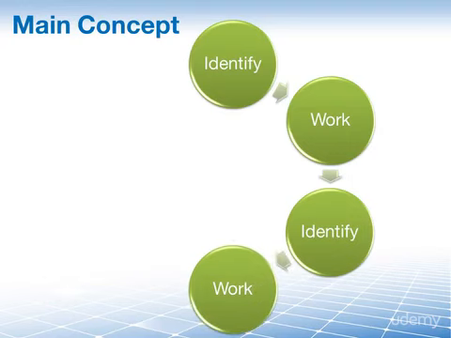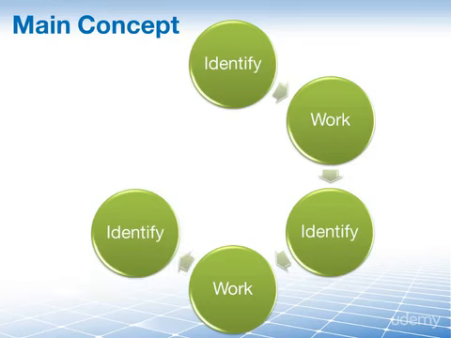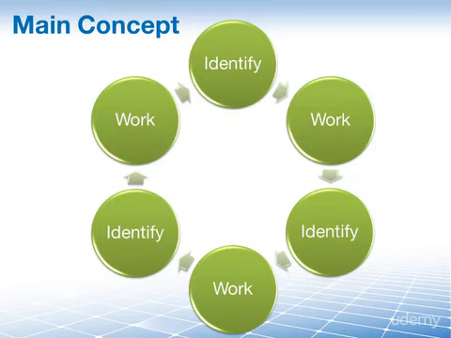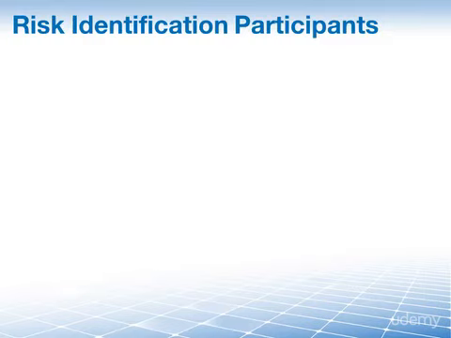And this interval, by the way, will be documented in the risk management plan. We do this because as your project progresses, the project environment will change. As it changes, new risks may evolve or become known that may, if you do not identify them, impact your project. Once again, the Identify Risks process is all about identifying project risks which may impact the project and documenting their characteristics.